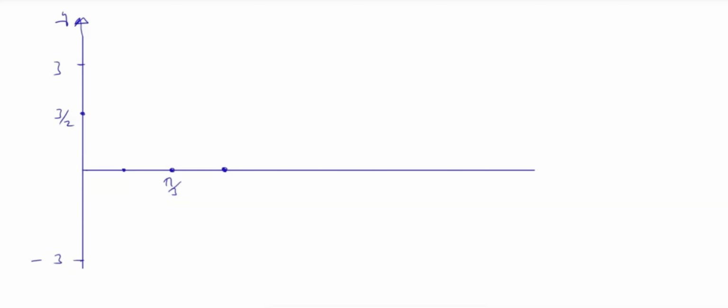One of the x-intercepts, so we label it after the amplitude, there's another x-intercept. So we got pi over 12, that's one x-intercept.